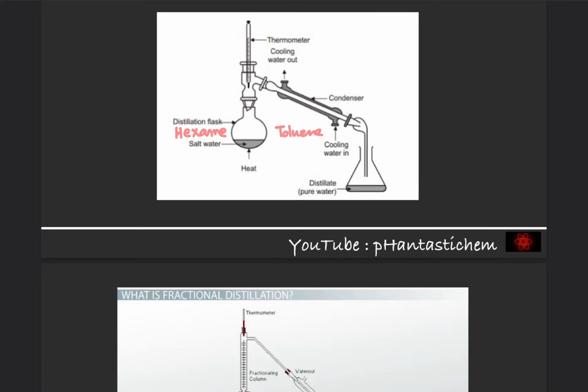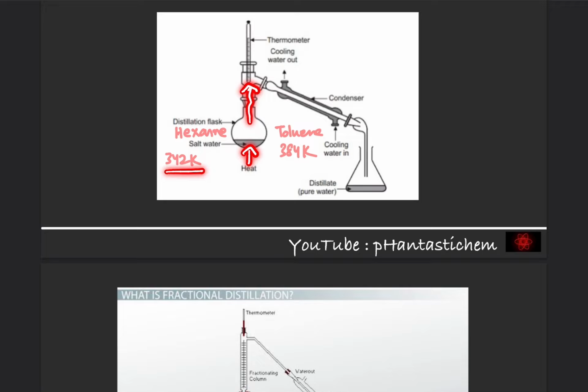So hexane boiling point is 342 Kelvin, toluene boiling point is 384 Kelvin. Okay. So obviously hexane is more volatile because its boiling point is less. Okay. So around 342 Kelvin, when we heat this flask, the vapors will consist only of hexane.